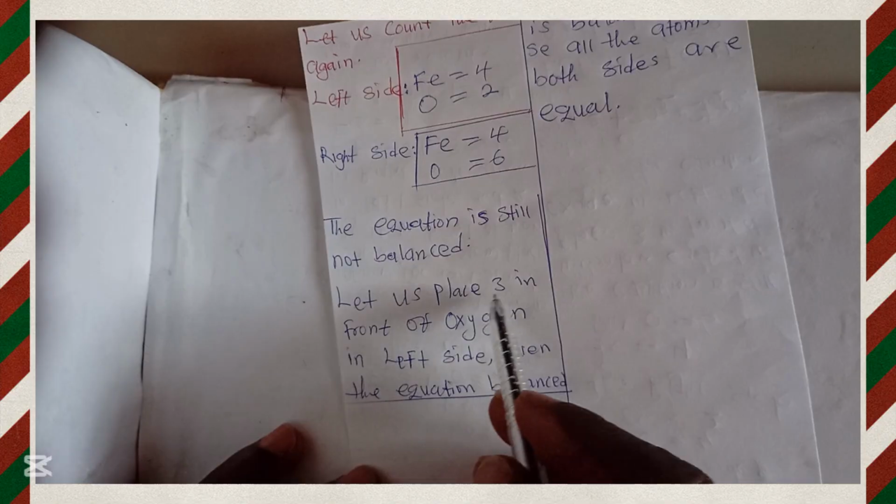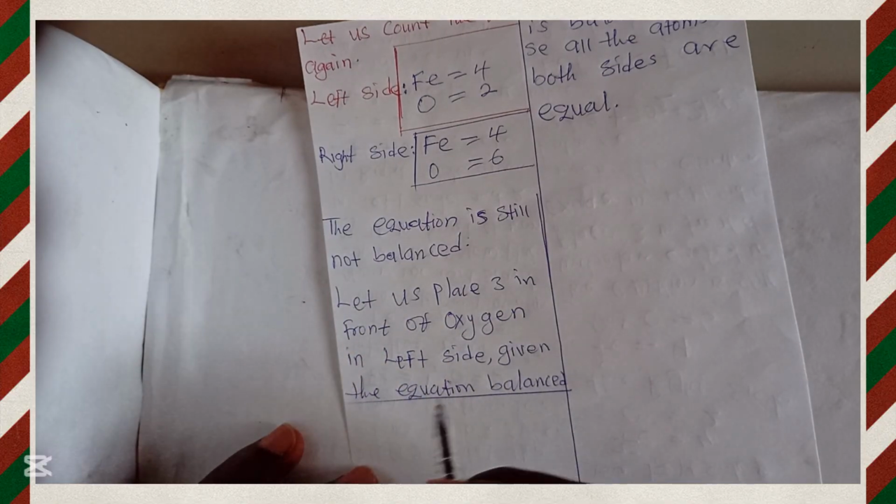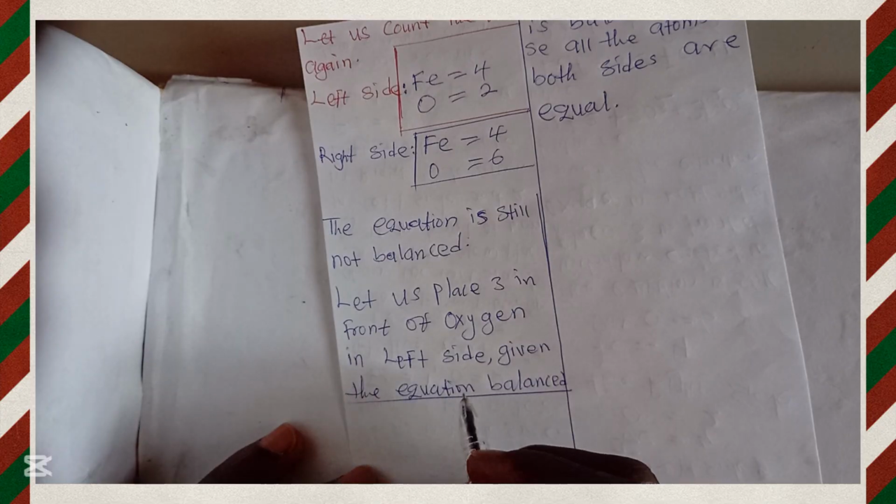Now let us place 3 in front of oxygen on the left side. If we place 3 in front of oxygen on the left side, the equation will balance.